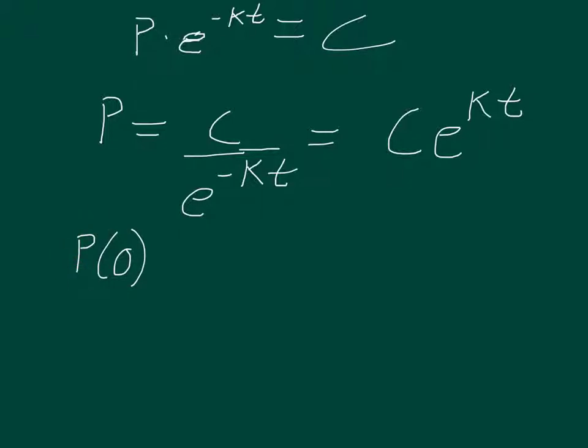And when we do that, based on what we have over here, we can say that that will equal c e to the k multiplied by 0. And we want to say that p of 0, being the population at time 0, is equal to the initial population.